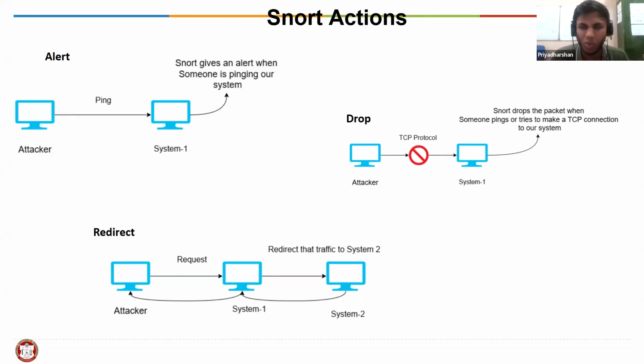Before that, let's see what alert, drop, and redirection are. Assume there's an organization with security, and you are the team leader. You inform the security: if anyone comes into our organization, come and alert me, that a person came into our organization at this specific time using a specific gate.